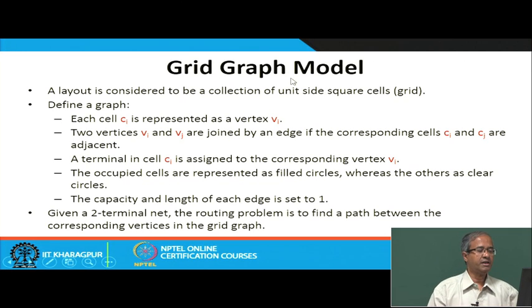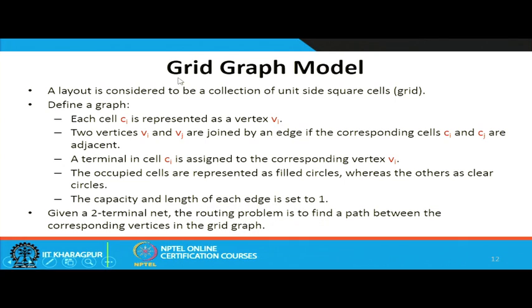Grid graph model, this actually models the same 2-dimensional grid pattern that was discussed earlier for maze routing algorithms, for example, Lee's algorithm. So, we had a set of cells m by n, each cell contains some information and they were represented by either an obstacle or something.